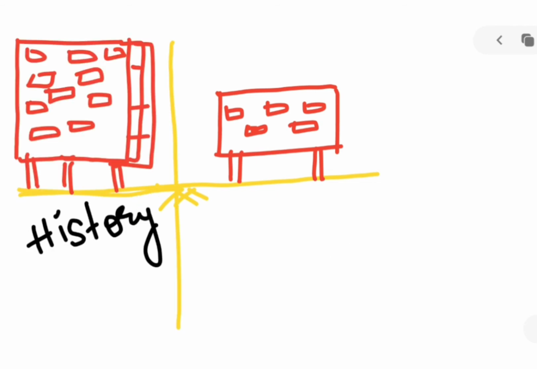Coming to over consolidated soil, while I'm talking about the history of the soil, I come to know once upon a time there was a building. That building was heavier than the building that I have constructed now. So this soil previously experienced a maximum amount of load. That building has been demolished and now I have constructed.